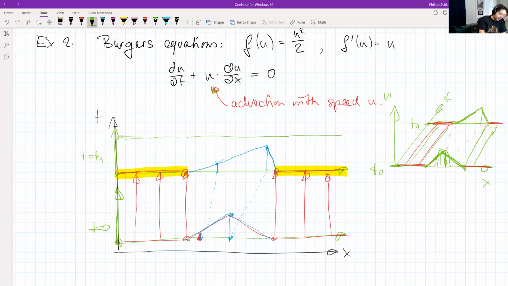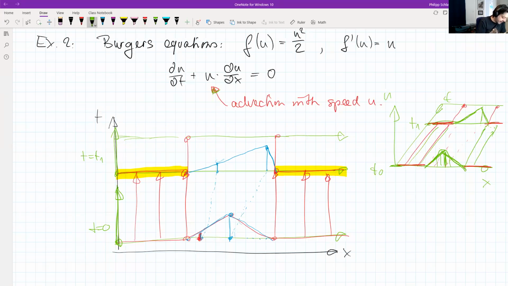So maybe at this time, or in the 3D plot, it would perhaps be somewhere here. The later times, again, these ones would continue the same, this we know. So the question is, what happens?